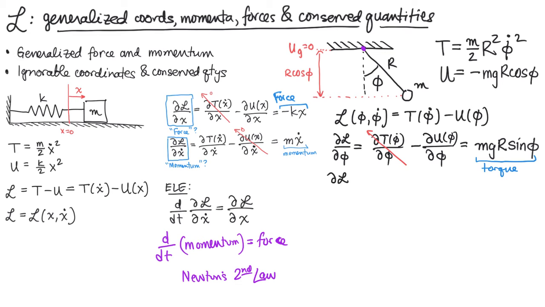How about the partial with respect to angular velocity? Well, that's going to have a contribution from the kinetic energy because phi dot does appear in the kinetic energy. There's no phi dot that appears in the potential though, so that term goes to 0. When I actually do that calculation out and I look at my kinetic energy, I take a partial with respect to phi dot, I get an mr squared phi dot.